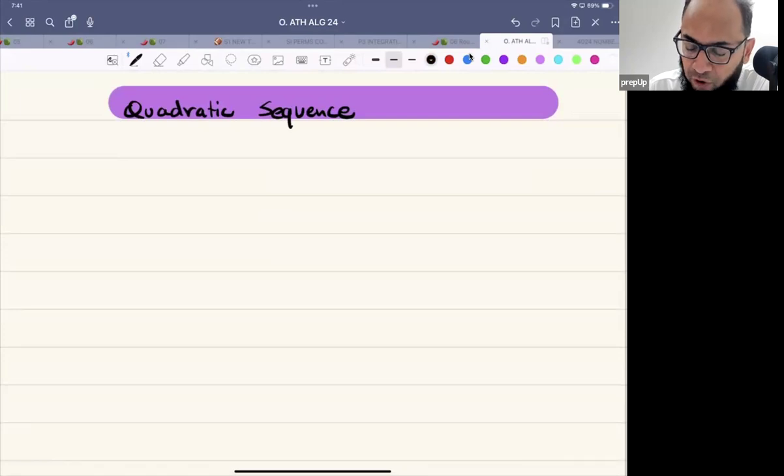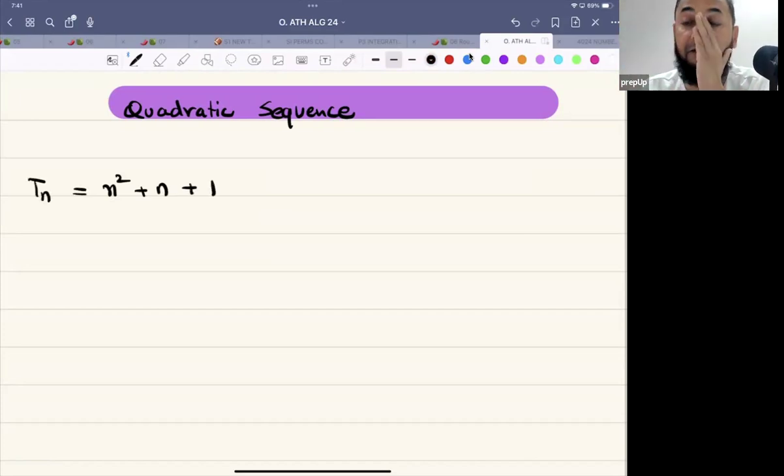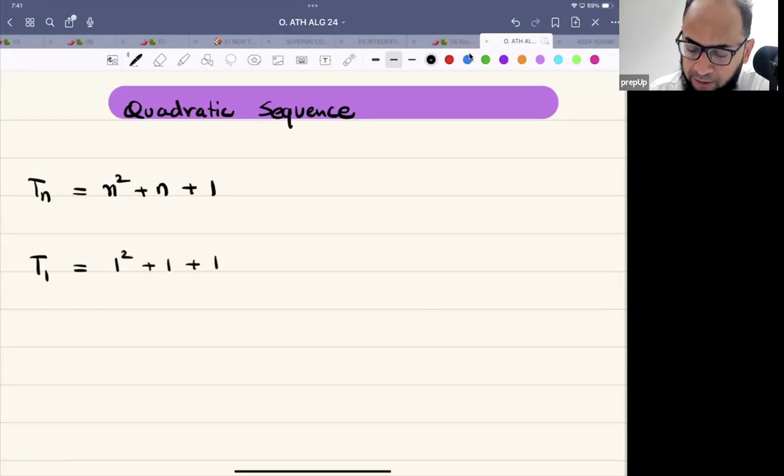Let's say it's of the format n square plus n plus 1, and this is your Tn. And then we will look for some pattern over there, if it exists, we don't know. So n square plus n plus 1. T1 is 1 square plus 1 plus 1.